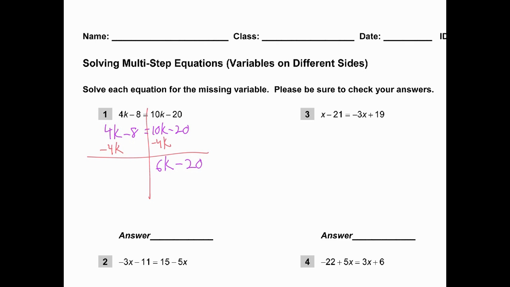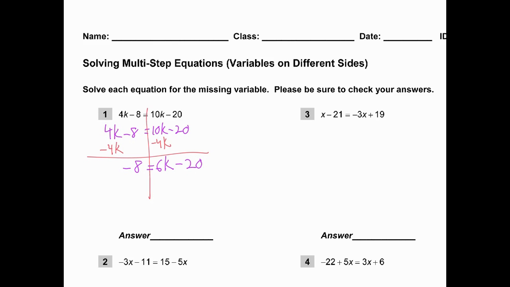And then I'll bring down the minus 20. On the left-hand side, it's important to note, when we subtract 4k minus 4k, we get 0k, but then we have minus 8. So that's going to become a negative 8. And so our new equation is negative 8 equals 6k minus 20.